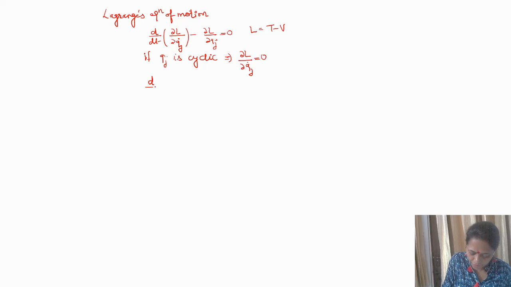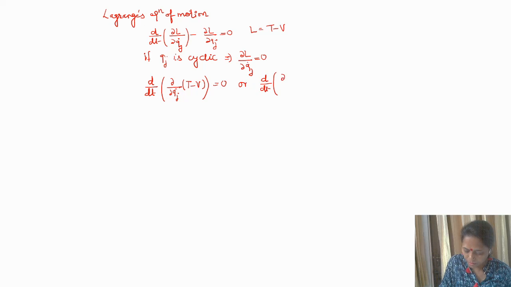So you are left with d/dt (∂/∂qj dot) of L, and in place of L I may write T minus V, equal to 0, or ∂T. If qj is cyclic, then ∂L/∂qj will be 0.